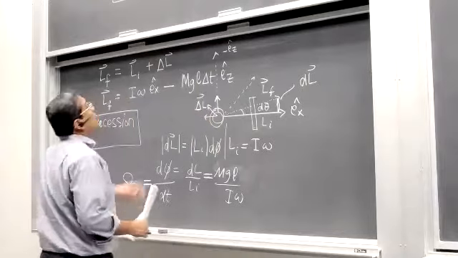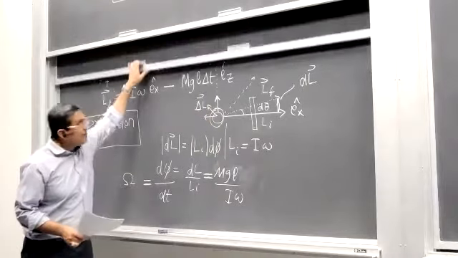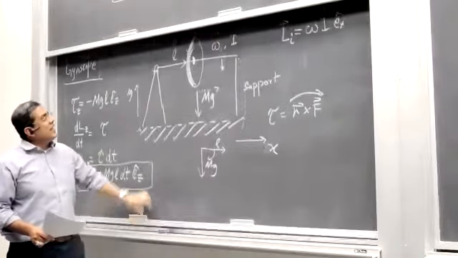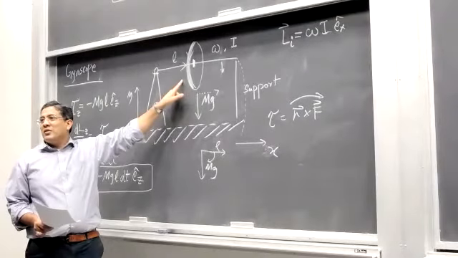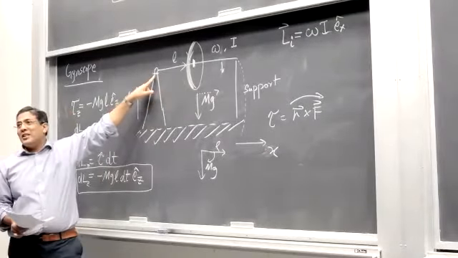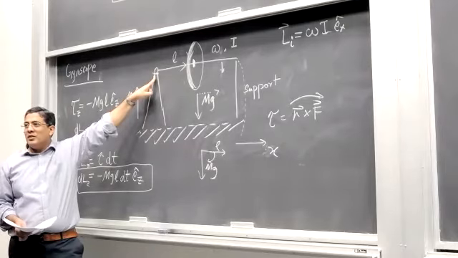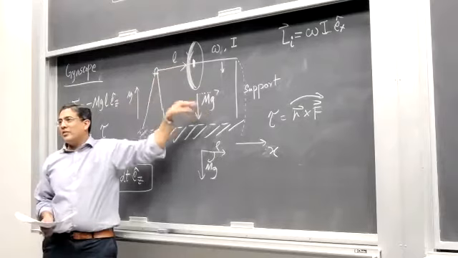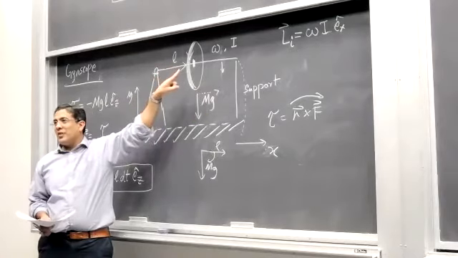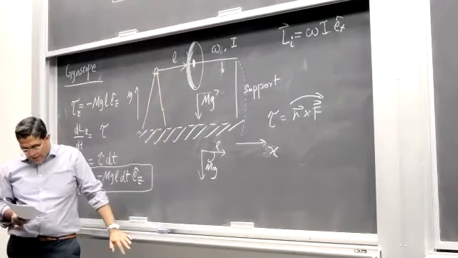One more thing here about this assembly. Since this is not falling down, the normal force provided by this support is equal to the weight of this whole thing. All right, this is important.